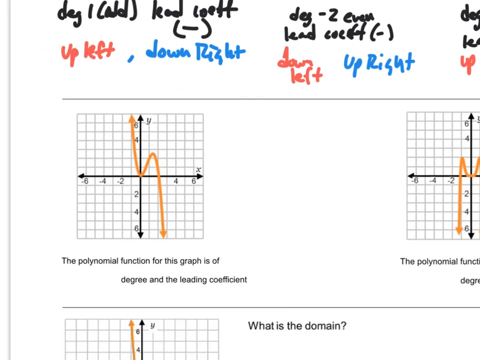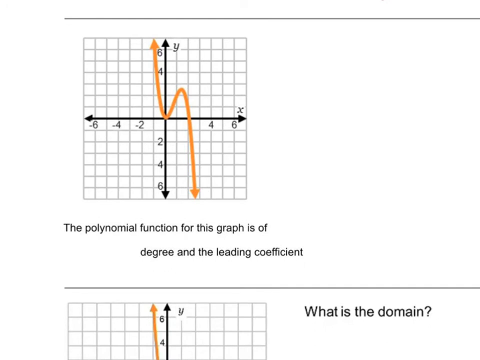So then here, let's just take a look. If you're given a graph, and it goes up to the left, down to the right, what do we know about that degree? Is it going to be odd or even? Well, look, the thing of it is the end behavior: as x gets infinitely small, what are the y values doing?